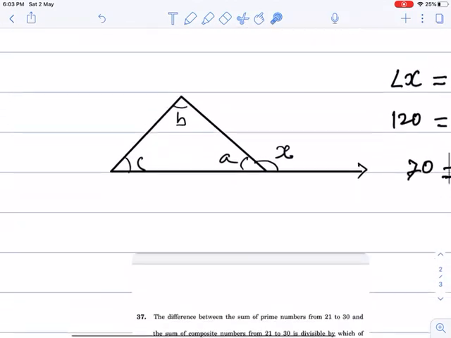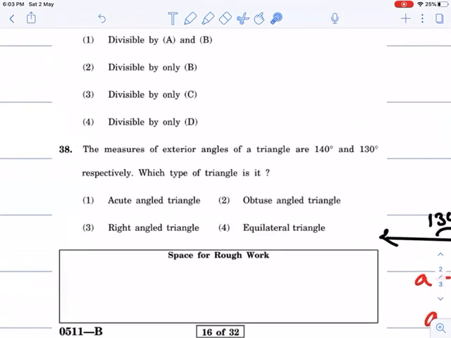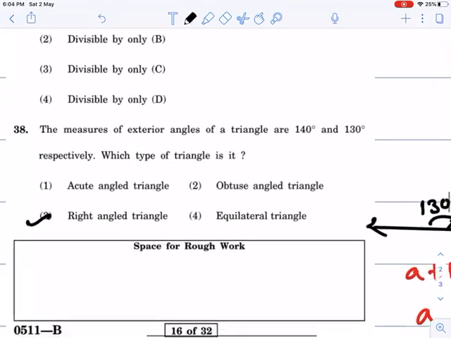Here you see the options: acute angle triangle, obtuse angle triangle, right angle triangle. So the answer is, it is a right angle triangle. This is the example which was asked in the scholarship exam.